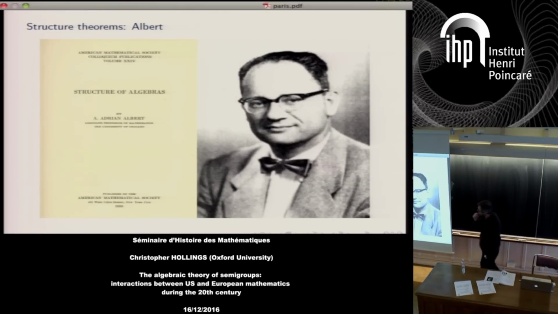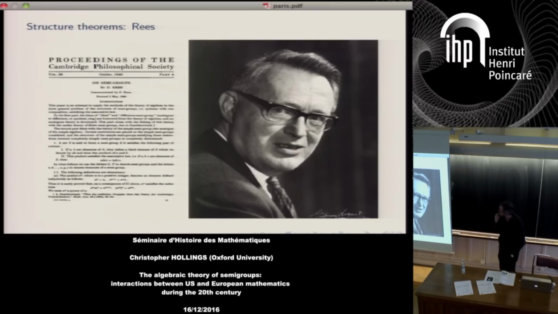And an influence here is from A.A. Albert's Structure of Algebras in the AMS Colloquium Publications series. This was read by this man, David Rees, who, while still an undergraduate, wrote this paper on the structure of simple semigroups, or completely simple semigroups, which is a term I'll define in a moment.